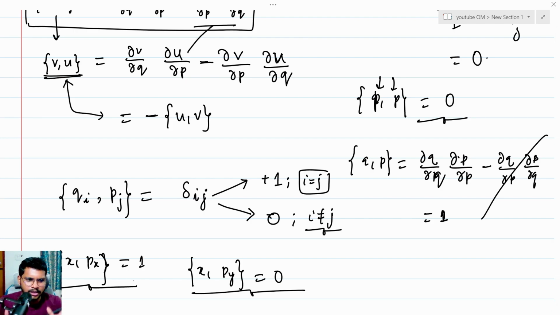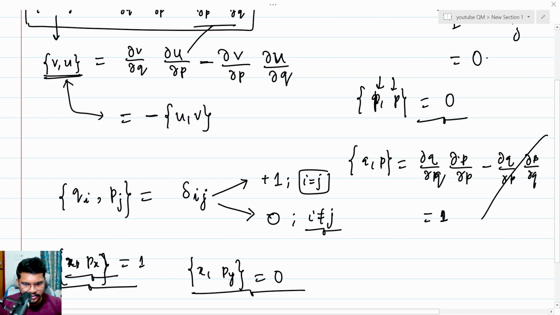I'm giving you the perspective from quantum mechanics, but in the classical picture, it simply says that x and px, they are not commuting, but x and py, they are going to commute. The physical structure comes at a point, but I am just giving you the algebra of how these guys are working.